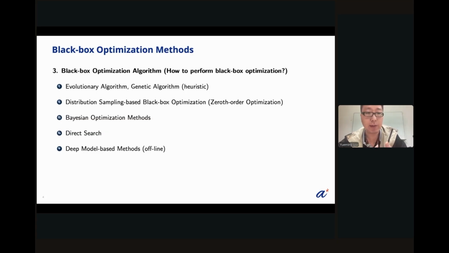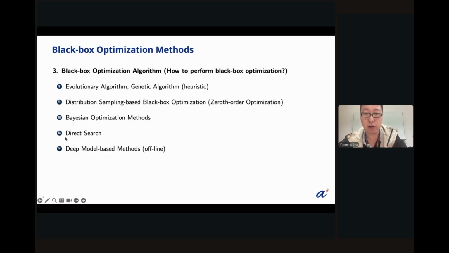In the machine learning community, we focus on zeroth order optimization or distribution sampling-based black box optimization. We are also interested in Bayesian optimization. This kind of algorithm usually builds a surrogate using a Gaussian process and analyzes the regret bound for functions belonging to different RKHS families.